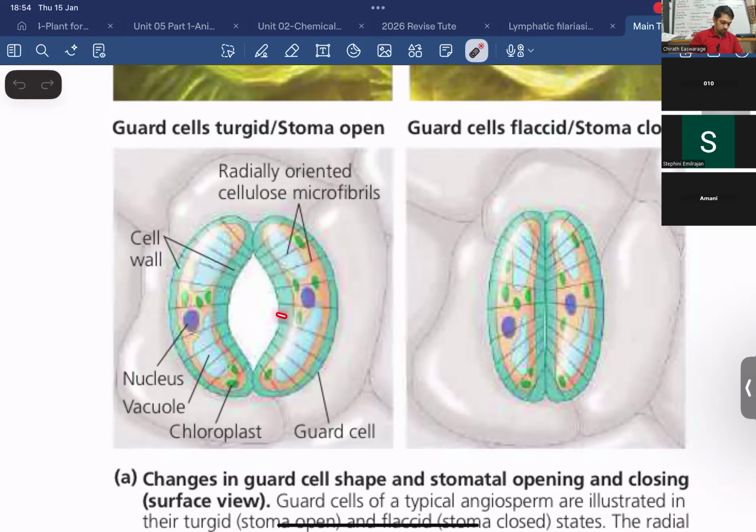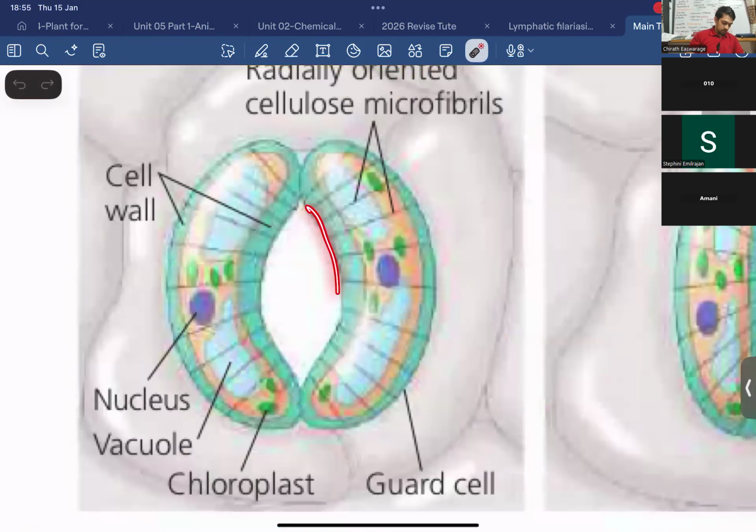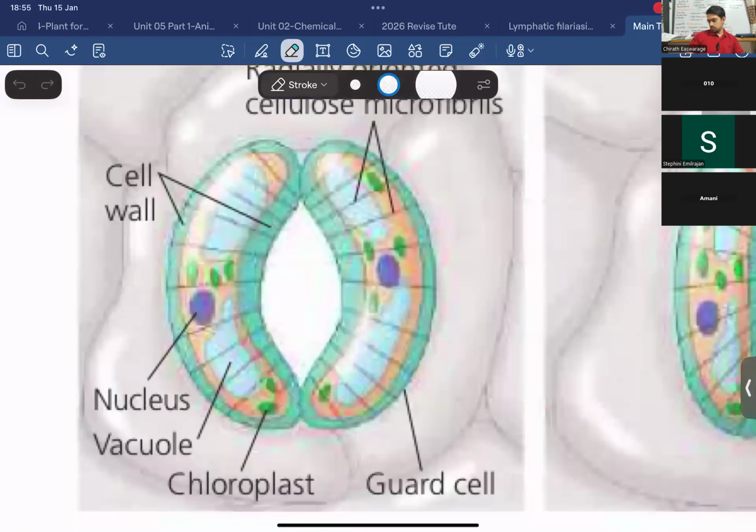That's because of these microfibrils. And you can nicely see that this inner wall is much thicker than this outer wall. Okay, so those are the things you have to mention. Unevenly thickened cell walls, right? Unevenly thickened cell walls.